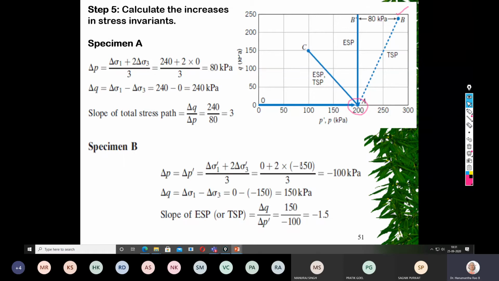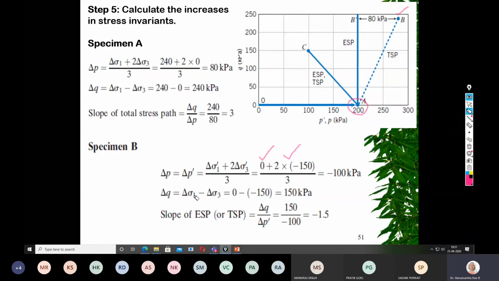So now on specimen B, what you will get is minus 100 kilopascals.